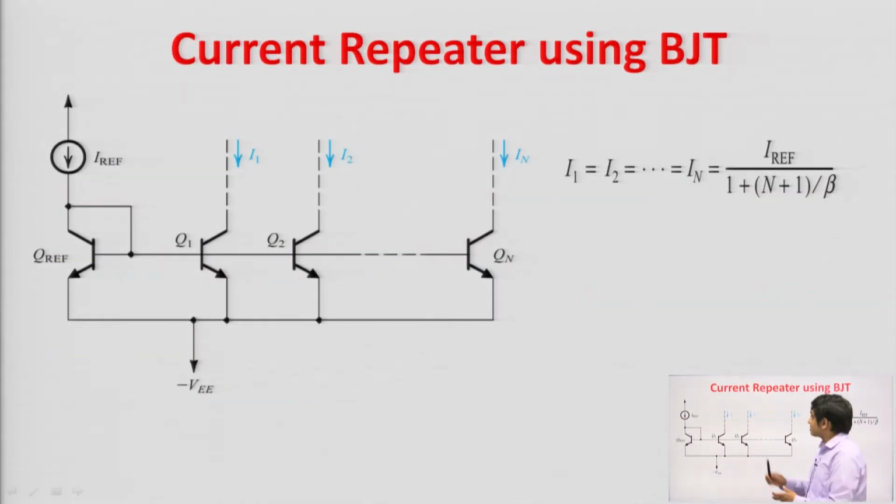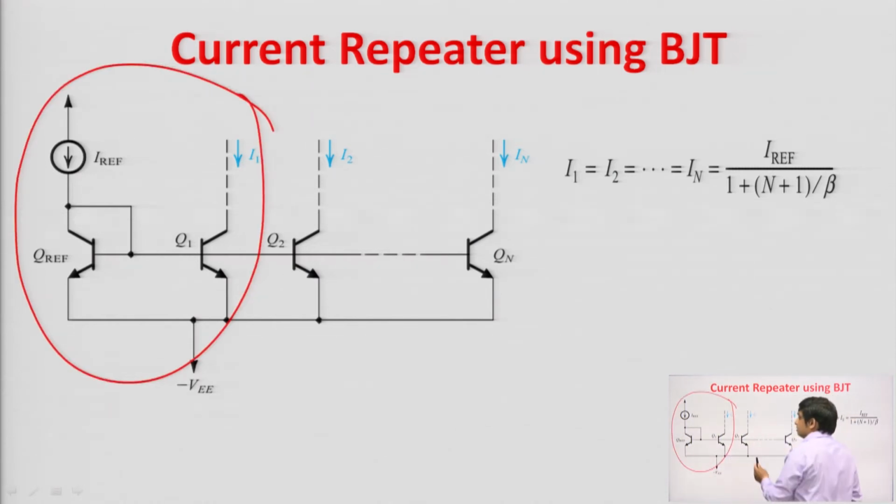Now, this current repeater is just the extension of the basic current mirror. So, this is your basic current mirror. Now, if we want the same current at different transistors, what do we need to do? For example, Q2, Q3, Q4 transistors, Qn transistor, n number of transistors we can connect, and the base of all the transistors are shorted and the emitter of all the transistors are shorted.